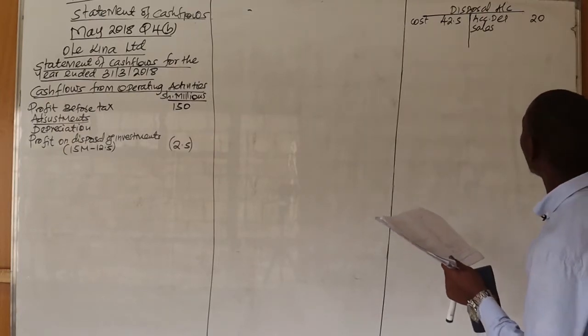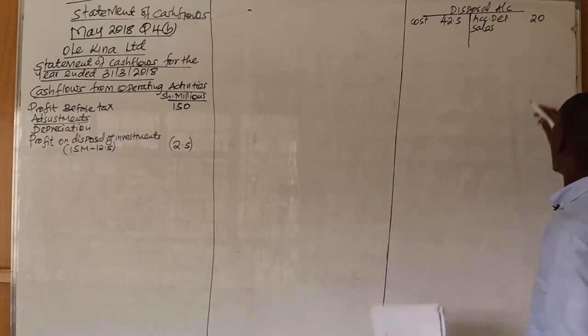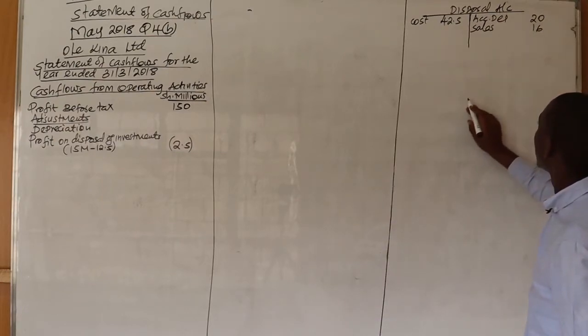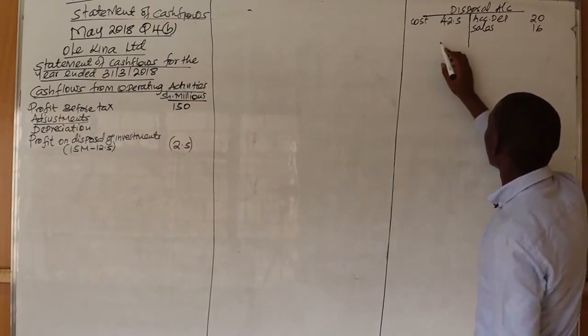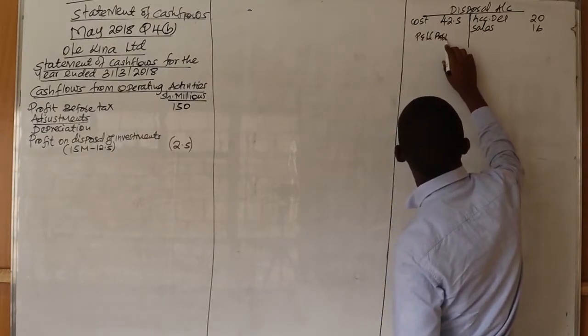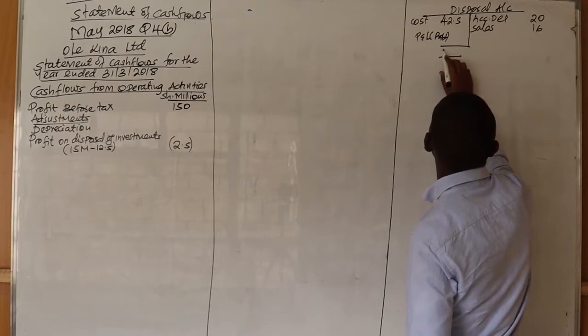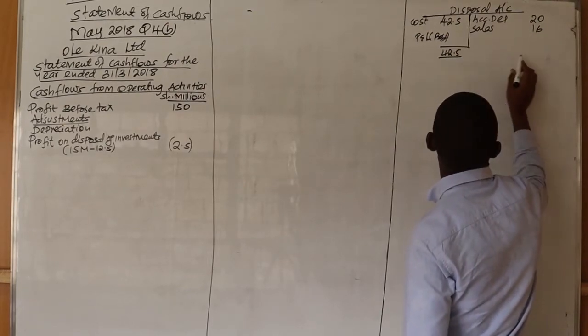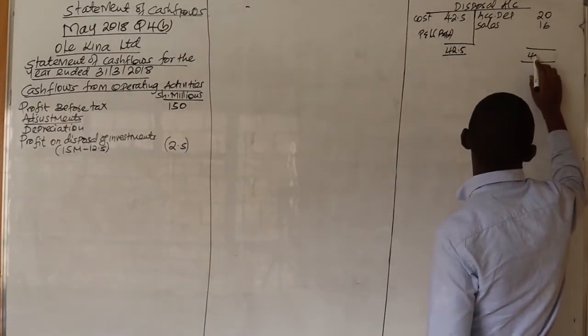After that, we'll also have the sales proceeds, and it was disposed of for 16. So if the balancing figure is on this side, you remember it's supposed to be a profit. But in our case, the balancing figure is on which side? This side.